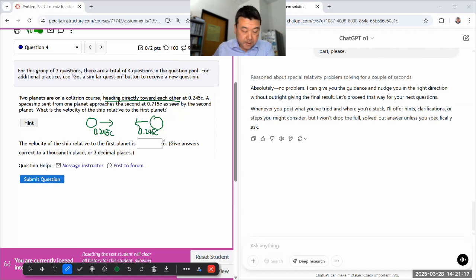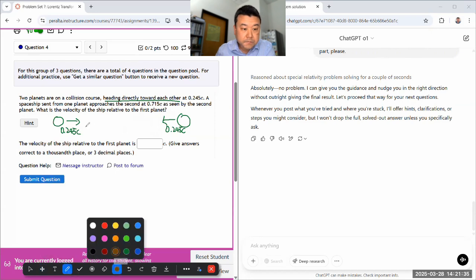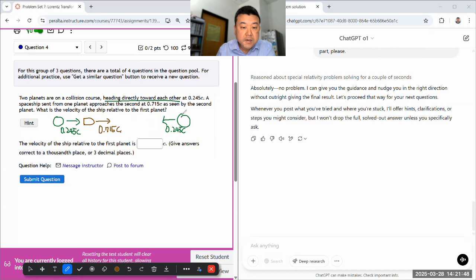So let me move this a little bit farther out so I have more space between them. And let's say one of them sends a spaceship from one planet, approaching the second at 0.715 c, as seen by the second planet.